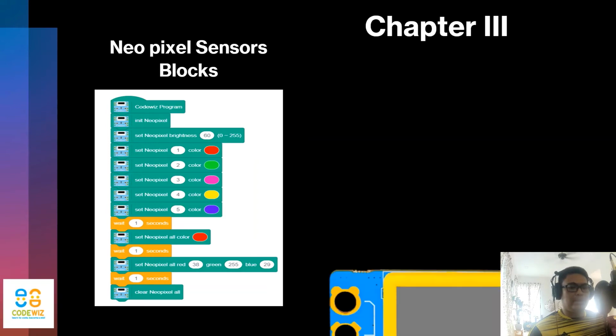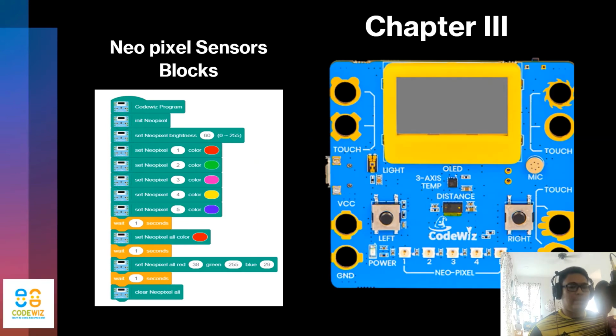The NeoPixel sensor block is a sensor with 5 NeoPixels on the board. It also can be connected with another NeoPixel LED, like a round NeoPixel LED for party glasses.